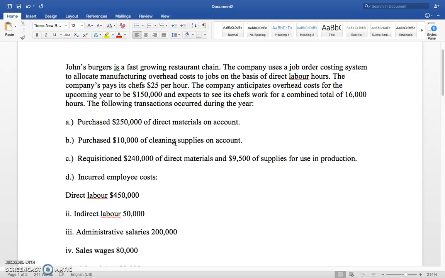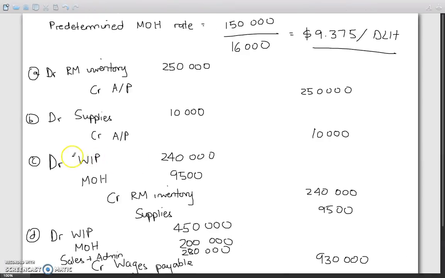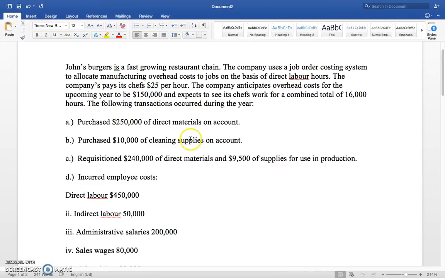Now, the work in process account helps you keep track of your resources and really helps you see what happens in the manufacturing process. Since direct material is directly traceable, it goes directly into your work in process account. However, your supplies are not directly traceable to your products. Supplies can include cleaning supplies.